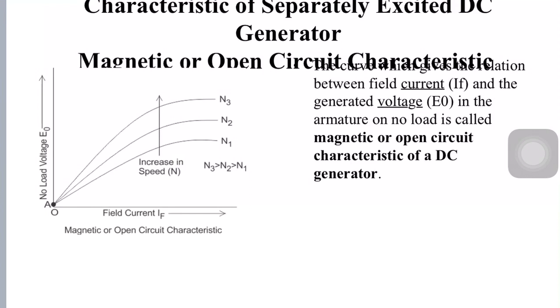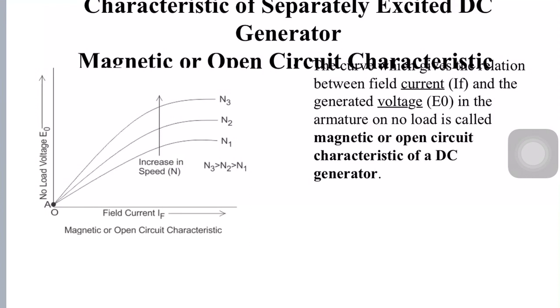What is the data we need for drawing the OCC curve? We get it by doing an experiment, that is by operating the generator at no load and constant speed and recording the change in terminal voltage as the field current is varied. So how will we draw the open circuit characteristics?